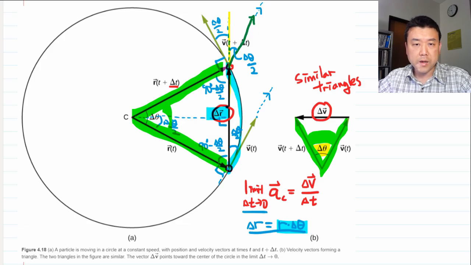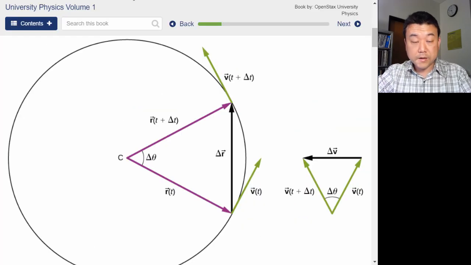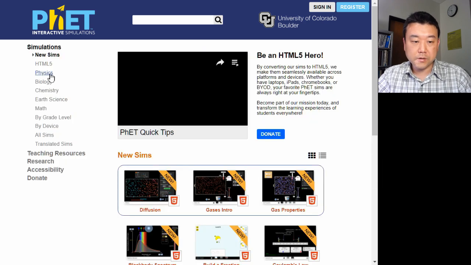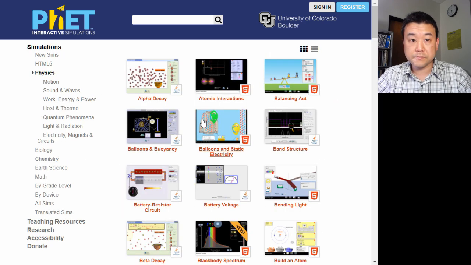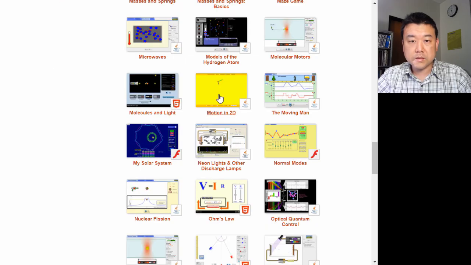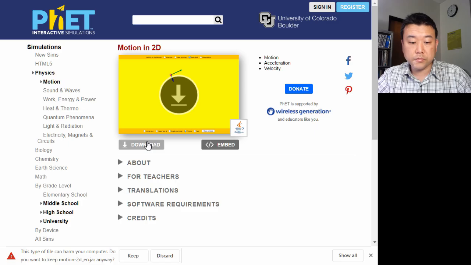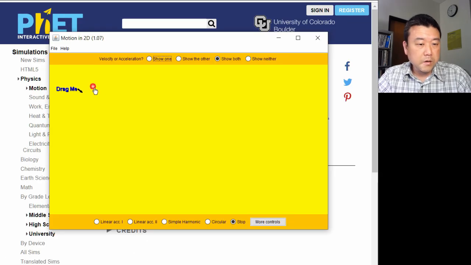Finally, I want to point out one resource to help you start developing intuition for centripetal acceleration. This is a website you've seen before, PhET, and the simulation is called Motion in 2D. It's a Java simulation, so you need to have Java installed in order to run it. The simulation does more than just circular motion.